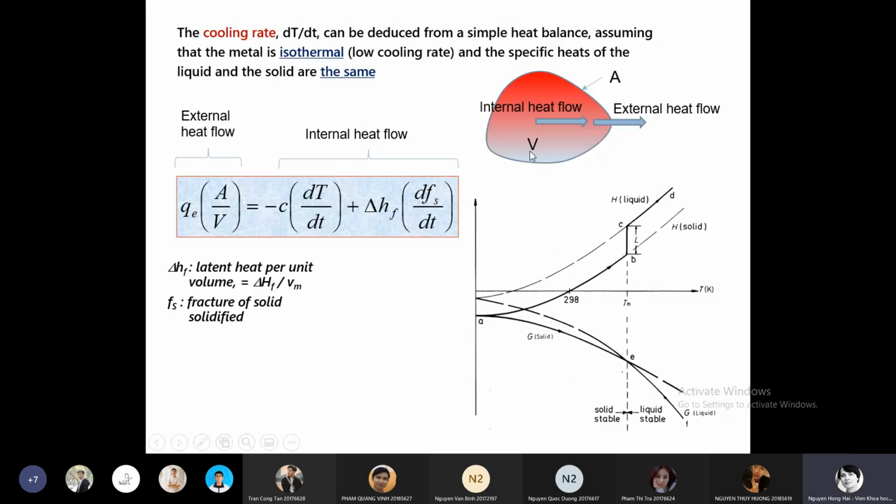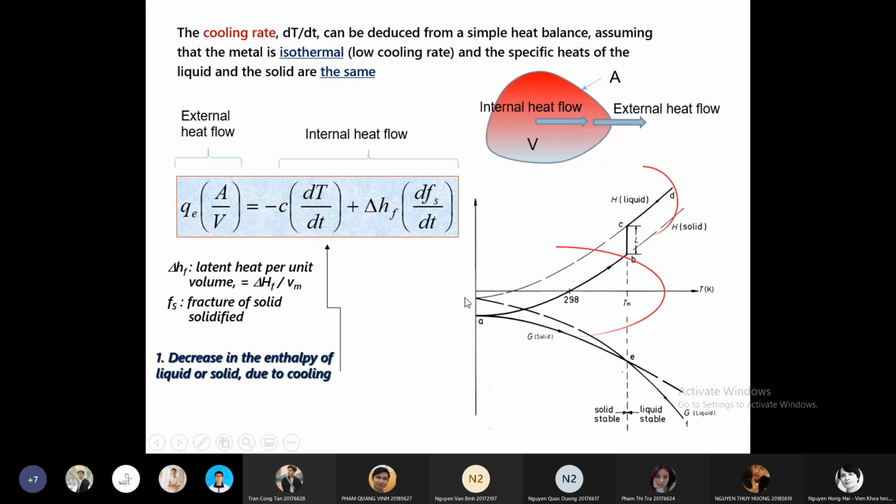And if you prefer again, look at this graphic. The decrease in the enthalpy of the liquid and solid due to the cooling. The first term is the right hand side of the equation. This is the decrease in enthalpy of liquid, and here the decrease in enthalpy of solid.